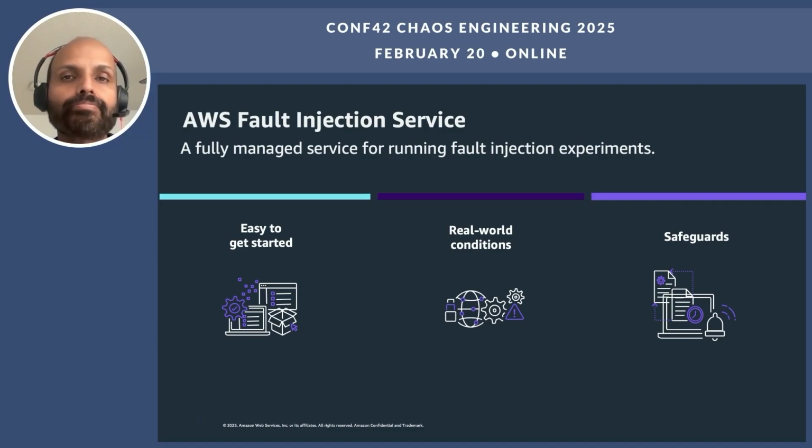It comes prepackaged with scenarios of various fault actions that you can run against your workload. You can run it through the AWS Management Console or CLIs, or integrate it with any tools of your choice. So you can get started in a matter of minutes, in fact.